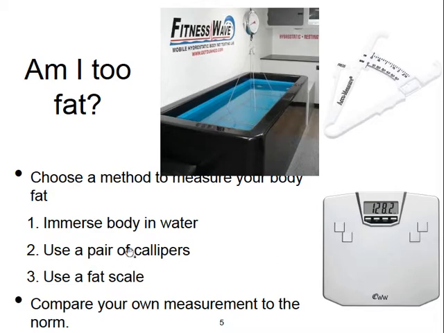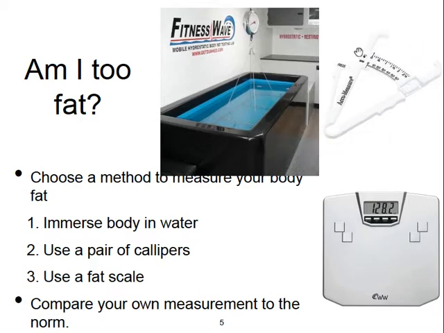So these are some methods people use to measure body fat content. They would use a pool of water like this, where they jump in and see how much water gets displaced. Based on the amount of water displaced, you can guess the body density, and that would be a good way to measure fat.